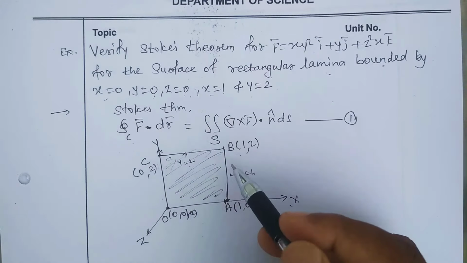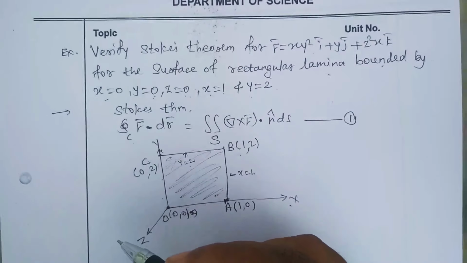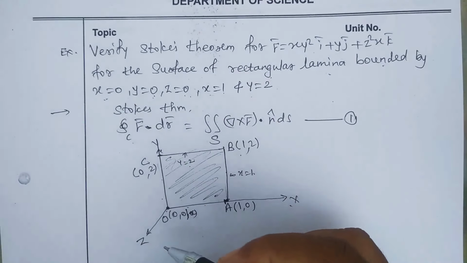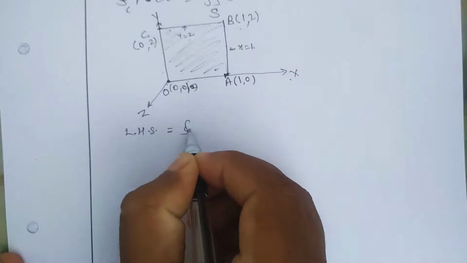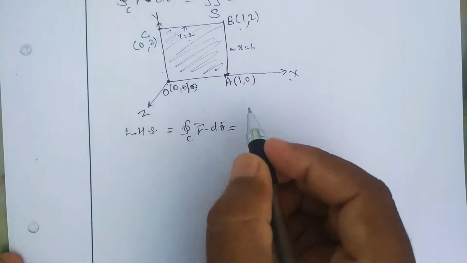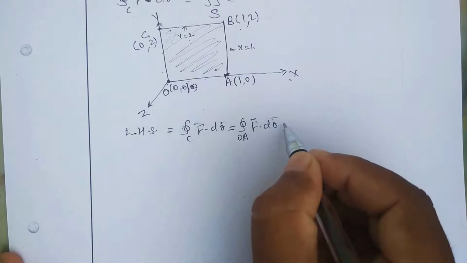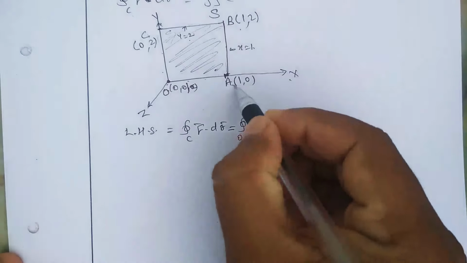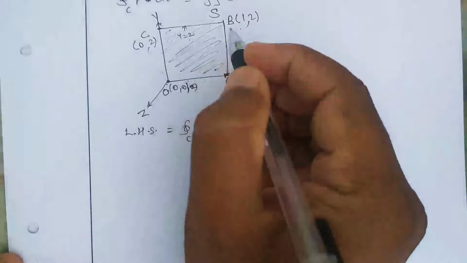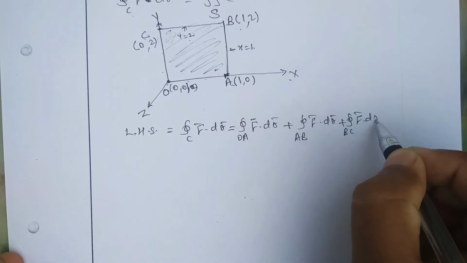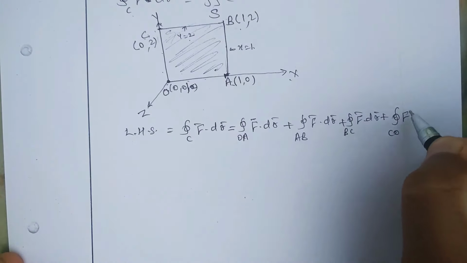There are 4 lines for this surface, so you have to evaluate this line integral on all these 4 lines, in the anti-clockwise direction. So the LHS, the closed integral over C of f bar dot dr bar, is the integral over line OA of f bar dot dr bar plus the integral over line AB of f bar dot dr bar plus the integral over line BC of f bar dot dr bar plus the integral over line CO of f bar dot dr bar.